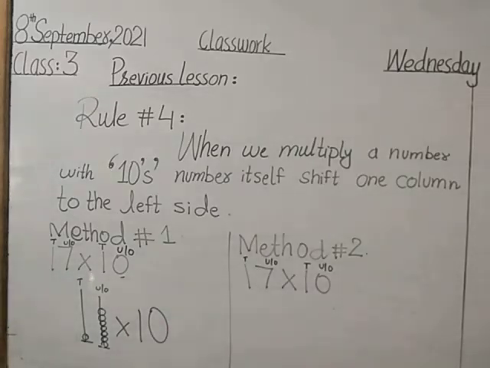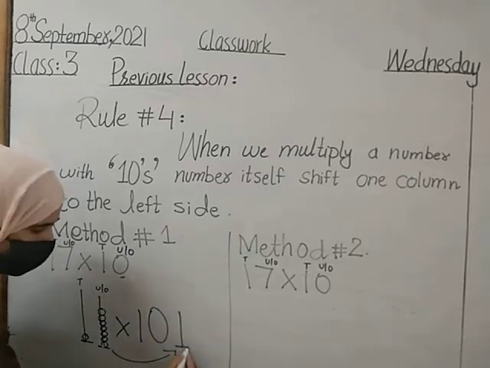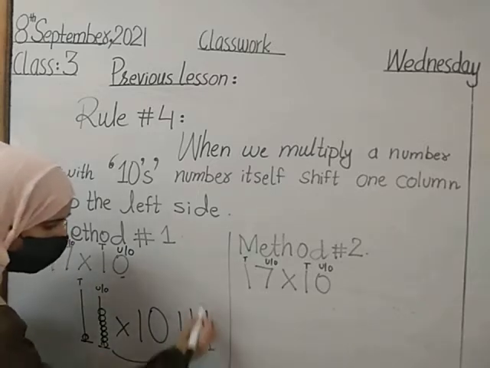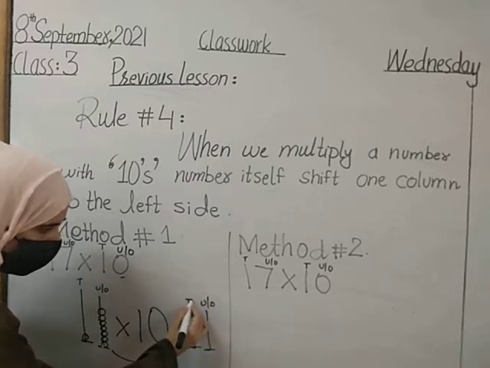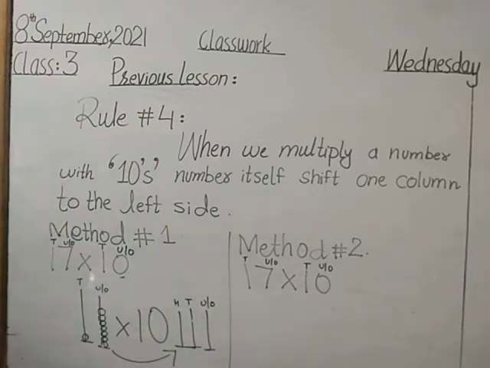Rule number 4 is: when we multiply a number with tens, the number itself shifts one column to the left side. It means now the number becomes 1, 2 and 3: units or ones, tens and hundreds.